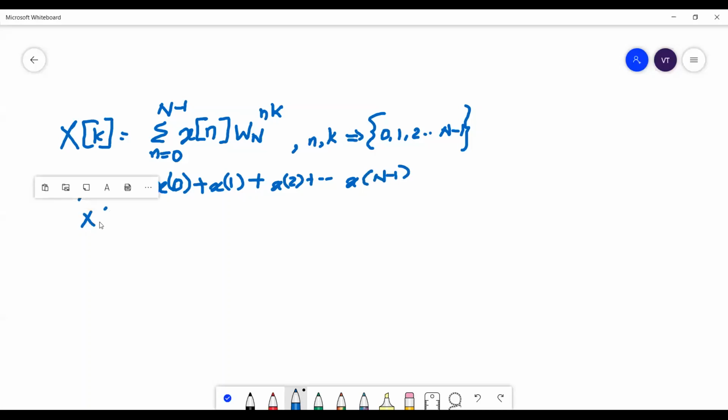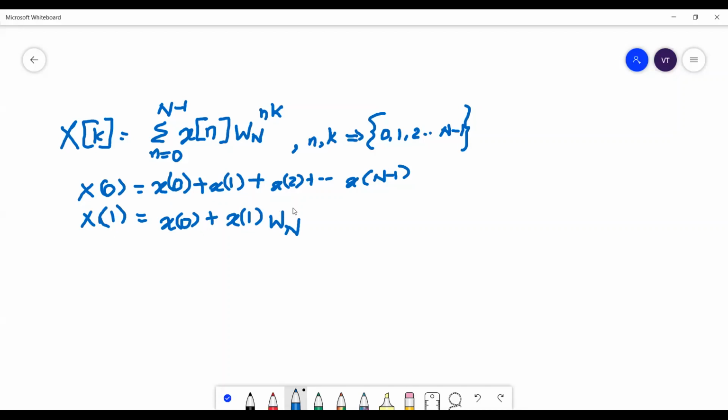Likewise, let me write the expression for X of 1. What will be X of 1? X of 1 would be x of 0 plus x of 1 into W_N raised to n into 1. So here n is equal to 1 and here k is equal to 1, so you are evaluating for k equal to 1.